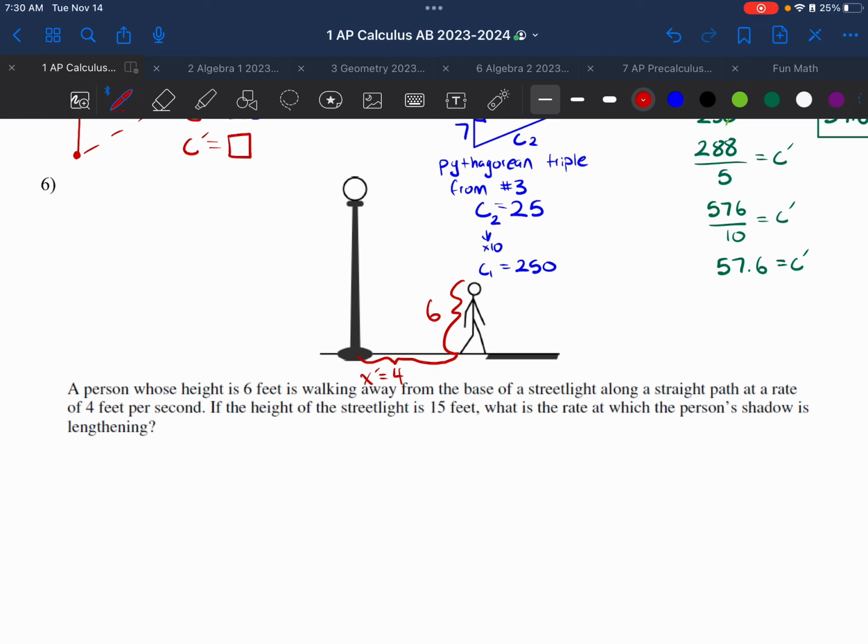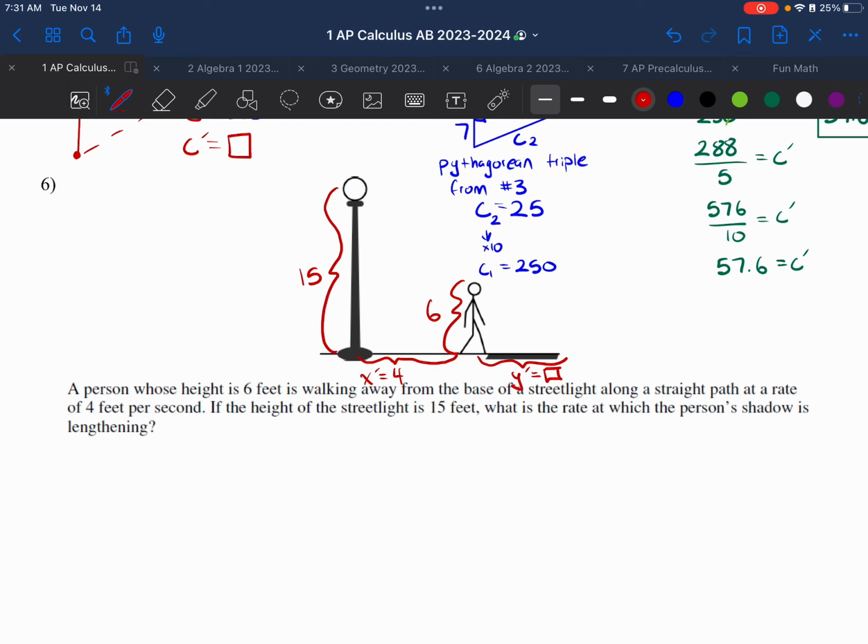If the height of the street light is 15, so this height of the street lamp right here is 15, what is the rate at which the person's shadow is lengthening? So let's go ahead and call that length right here y, I guess, y prime, and that's what we're looking for.